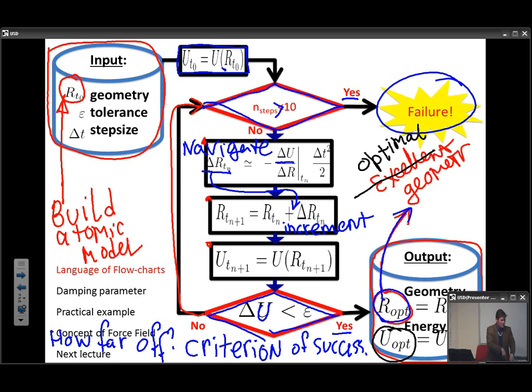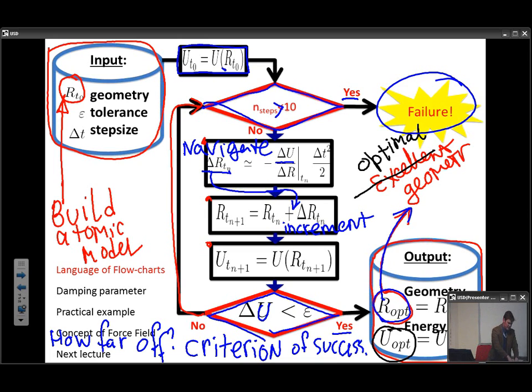And then when we are at the new point, we recompute the value of energy there, because later we need it for the difference, or for the gradient, and also for the criterion of success. Then we check if our new position gives us success. If not, we go forward.